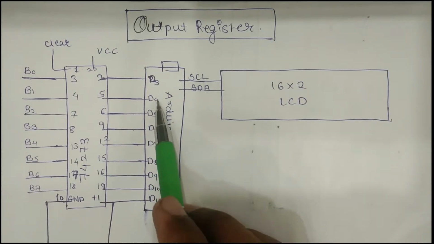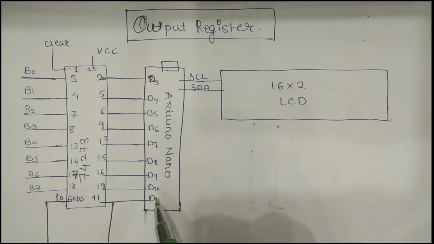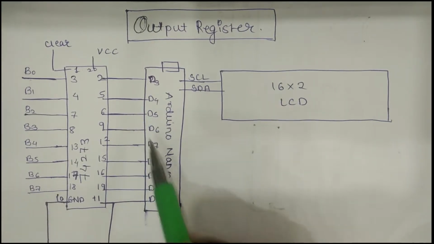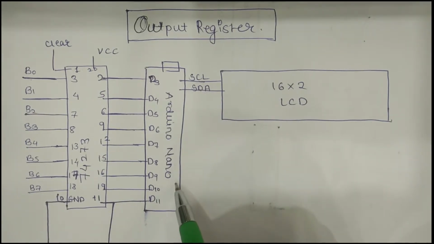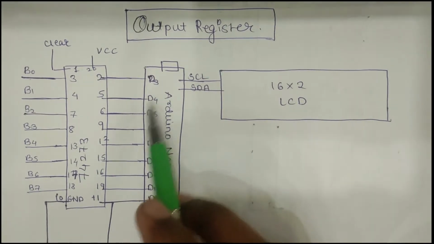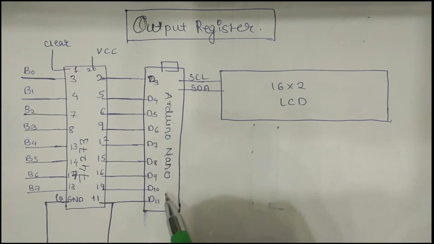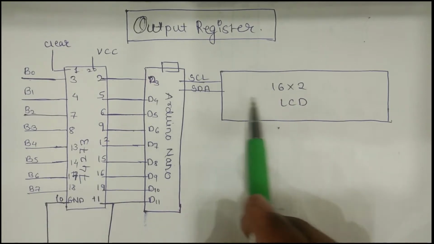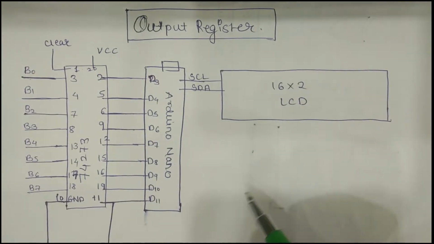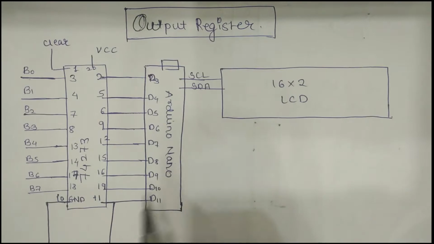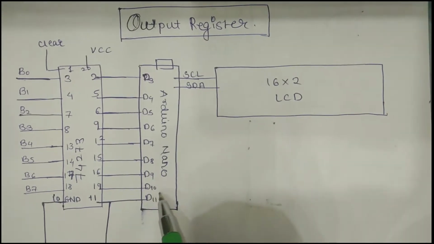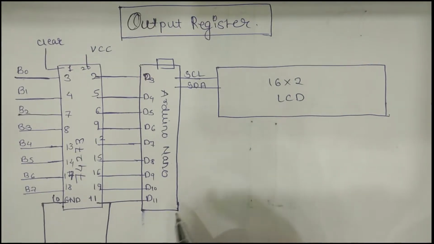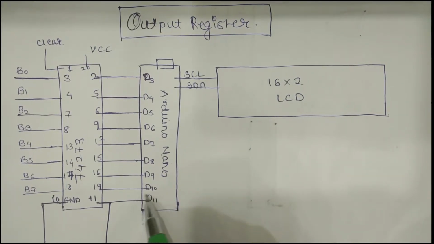The value on these digital pins will be in binary format. It will then be converted into decimal using the program, and then the value will be displayed on the 16 by 2 LCD. Now we need to synchronize the Arduino Nano, which drives the 16 by 2 LCD, with a control signal as well as the clock.